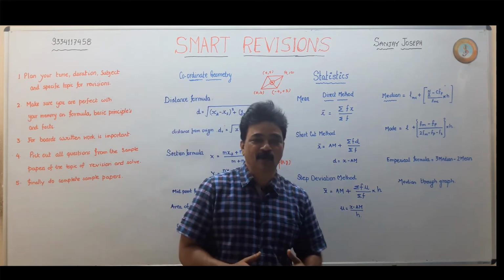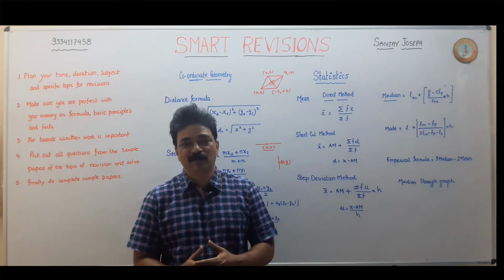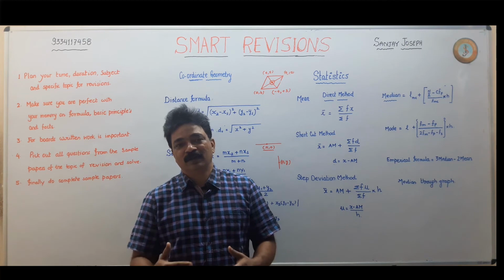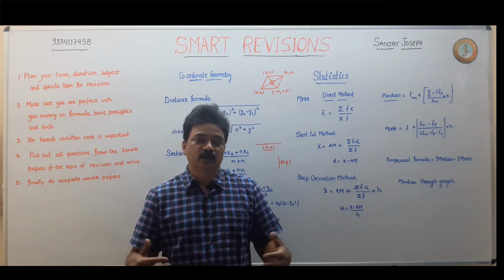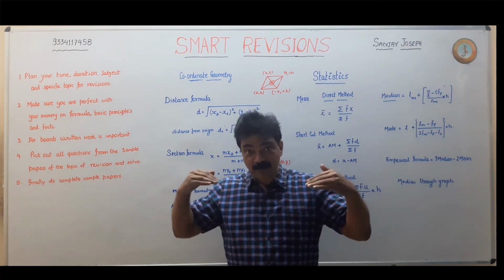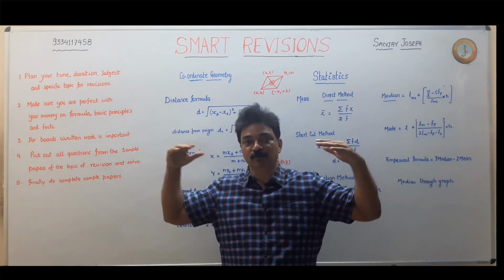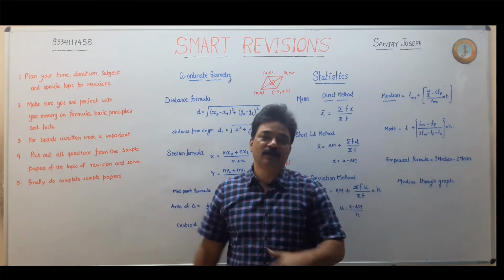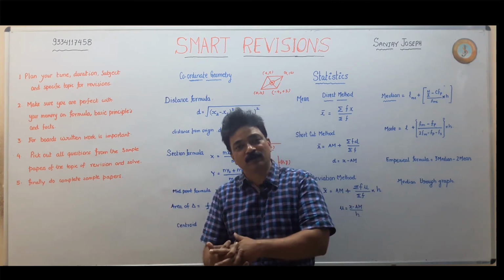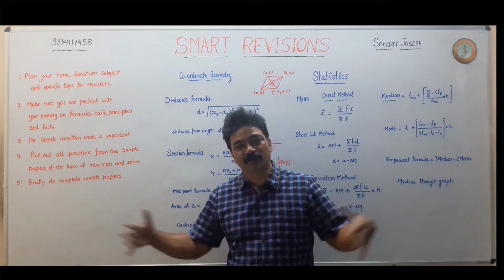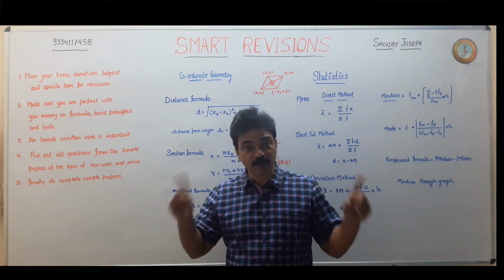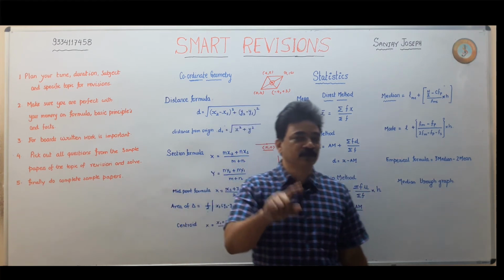I basically go and look at where the child has made mistakes, and I find that brilliant children also sometimes, due to the lack of written practice, do not write the correct formula, and they write 1 by f is equal to 1 by v plus 1 by u, a little bit here and there, and they will write it negative for mirror, and then what happens, the whole operation was successful, but the patient did not survive. That is the situation.